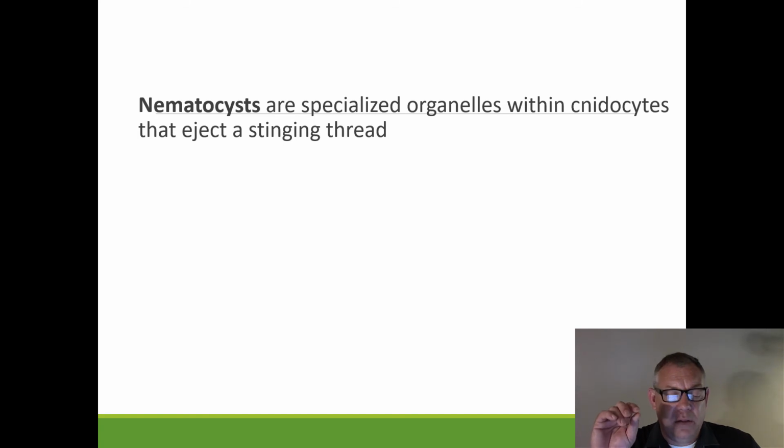Well, the cnidocyte's the cell, and the nematocyst is the structure. It doesn't matter. Anyway, it shoots out a stinging thread, and that thread sometimes has venom on the end of it, which causes a reaction. But this whole group, the cnidarians, all have these specialized cells, and it's jellyfish and hydra and lots of other different kinds of organisms.